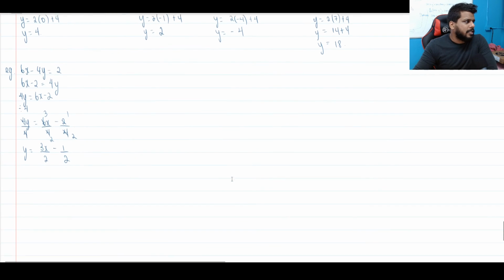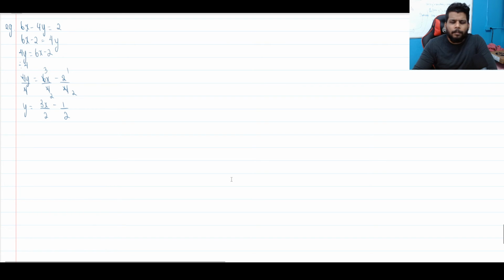Now, this is totally acceptable, and you all can make this part of your muscle memory. If I have 3x over 2, that's the exact same thing as saying 3 over 2 x, take away 1 over 2.